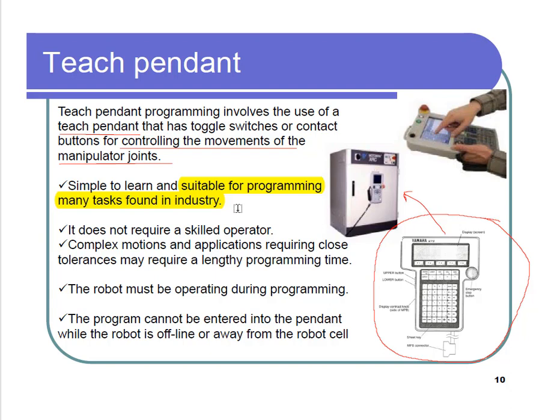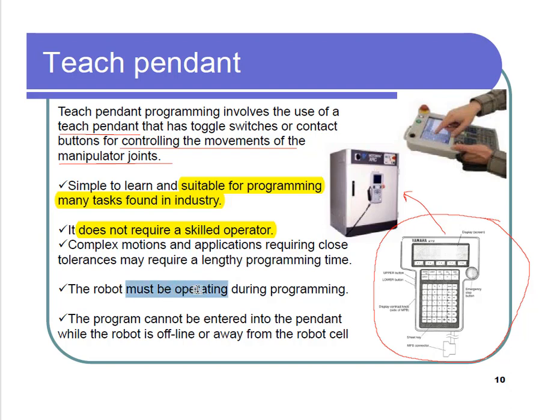It does not require a skilled operator. Complex motion and applications requiring close tolerance may require a lengthy programming time. So if the movement is complex, it might need a long time to program using this teach pendant. The robot must be operating during the programming.